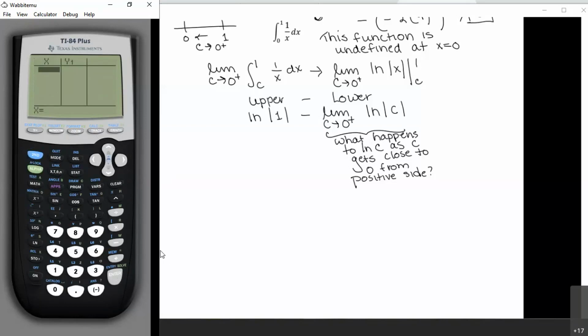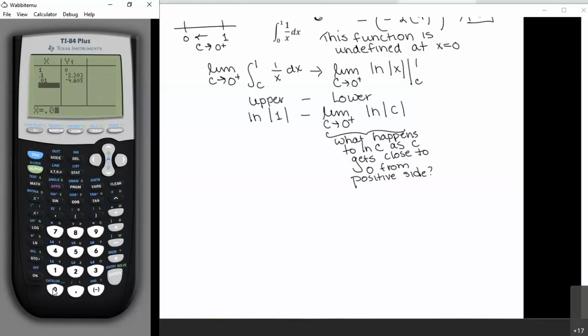Now I'm letting x get really close to 0 from the positive side. Let's let it be 1. How about 0.1? How about 0.01?